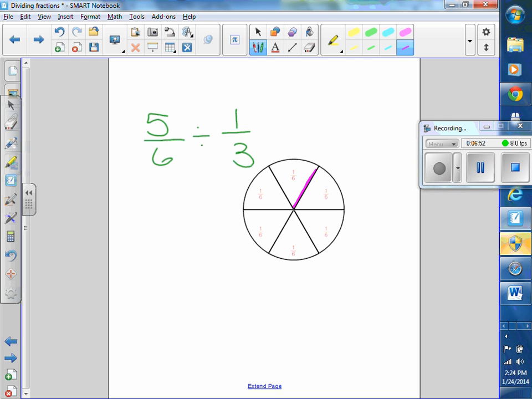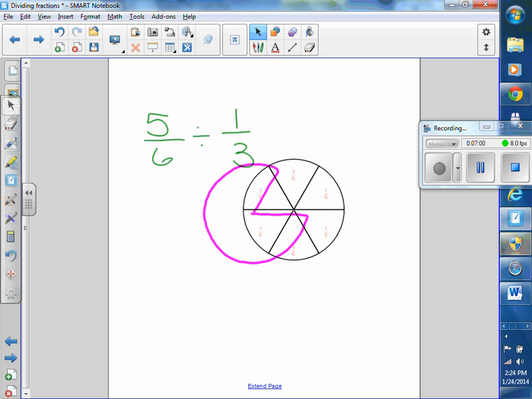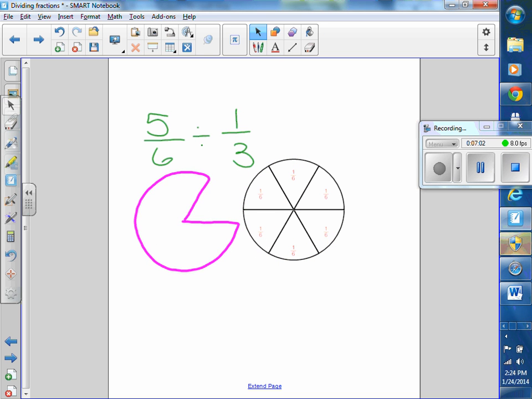It's everything but one slice, right? This is 5/6. Okay. And the question is, how many of these fit into that? So how many of those fit into this?